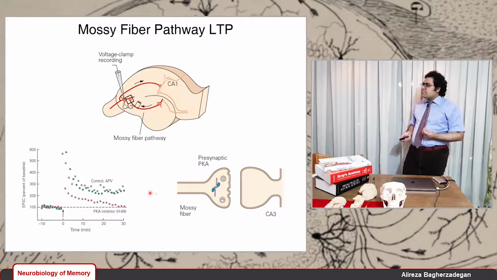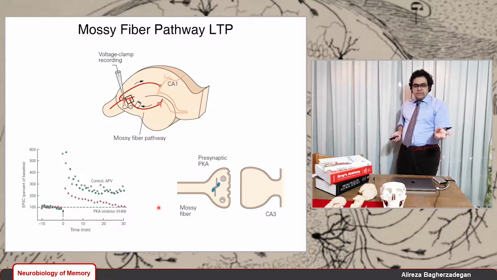Well, when we apply that tetanic stimulation, we increase the influx of calcium ions. The calcium ions activate calcium calmodulin. Calcium calmodulin activates the adenylyl cyclase, which is calcium calmodulin dependent adenylyl cyclase, and it produces cAMP. cAMP activates the protein kinase A by detaching the regulatory subunit and activating the catalytic subunit.